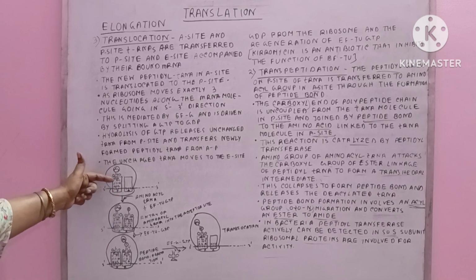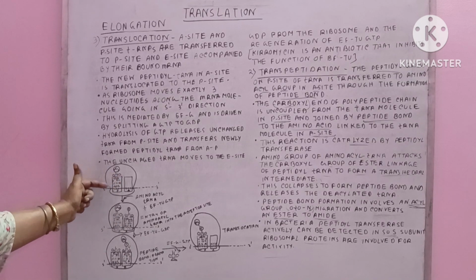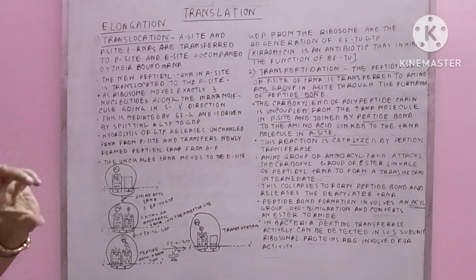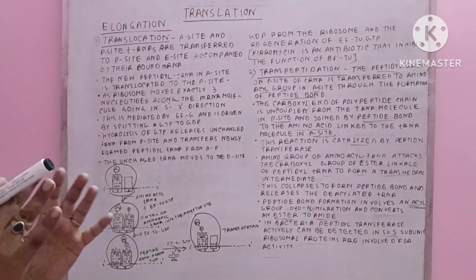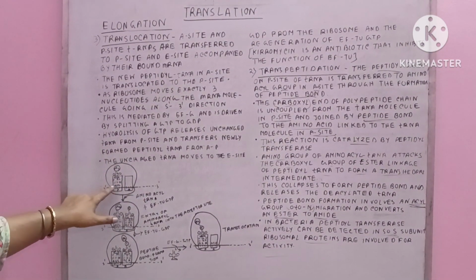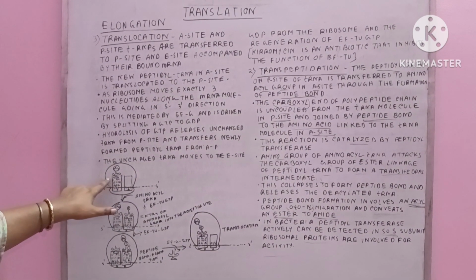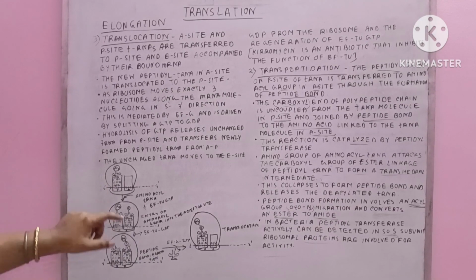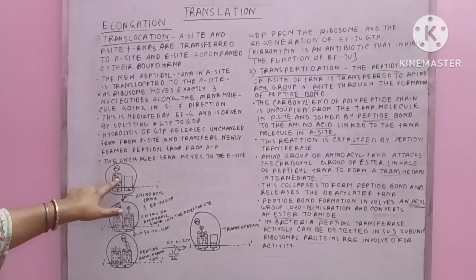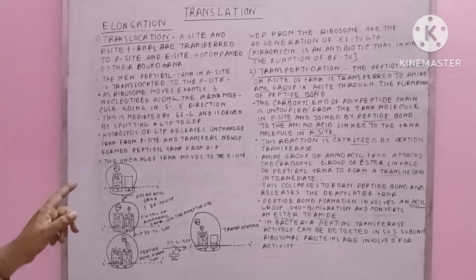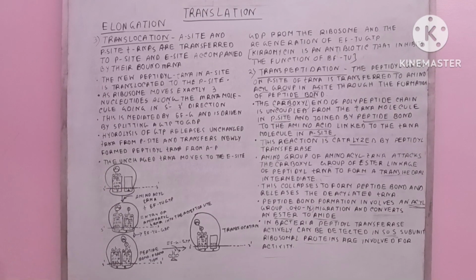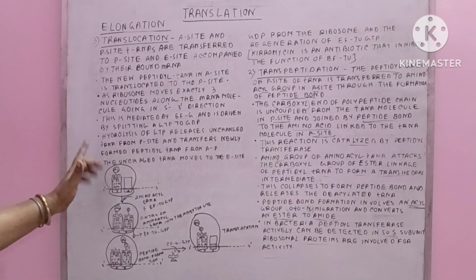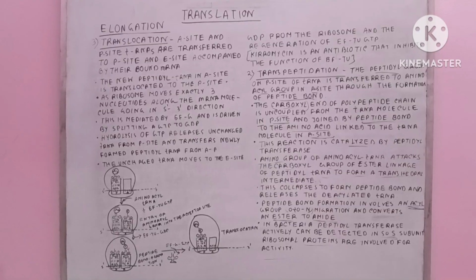So this anticodon UAC and the codon AUG have to match each other. That means if AUG is there, the U can bond only with the A, and the G can bond with the C. So these are codon and anticodon pairing. If they cannot match with each other, this bond formation is not possible, okay.